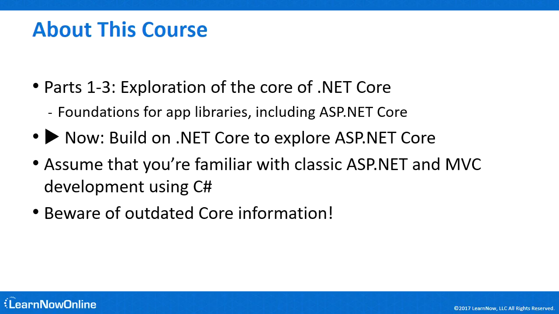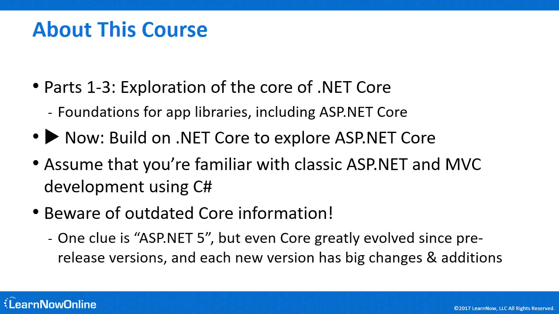In particular, if you see anything that references ASP.NET 5, forget about that article, because ASP.NET 5 is way back, probably the first year of their development of the new technologies, when they were thinking in terms of it being the next version of ASP.NET. The problem is that ASP.NET Core is fundamentally different from ASP.NET.